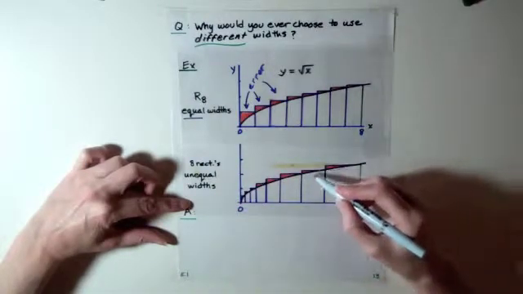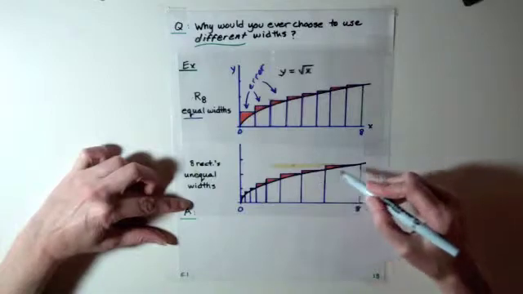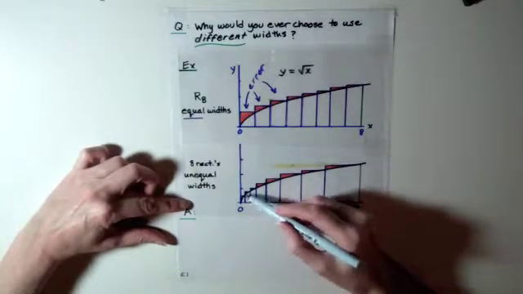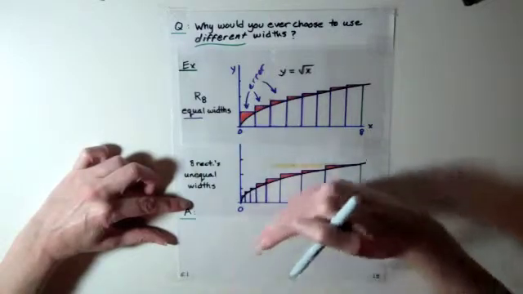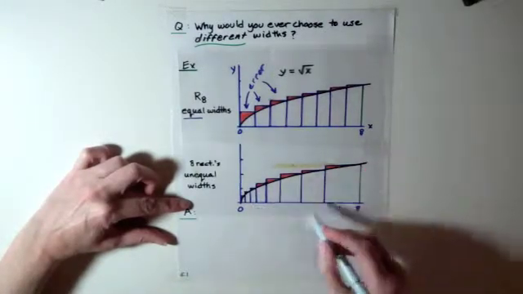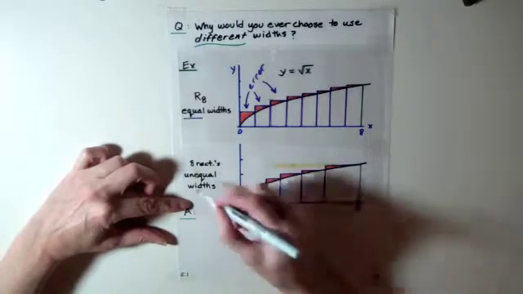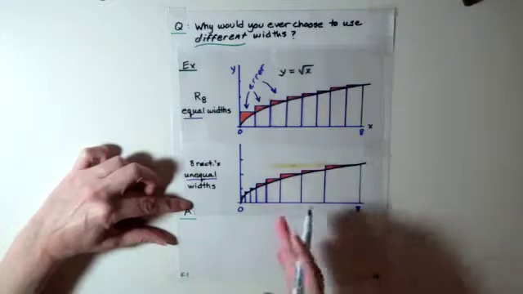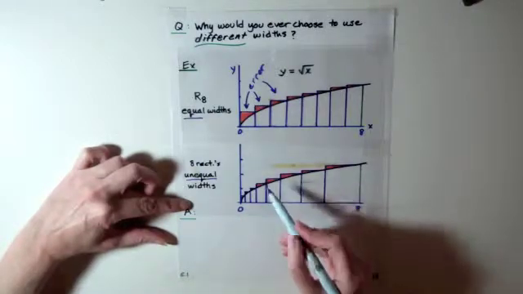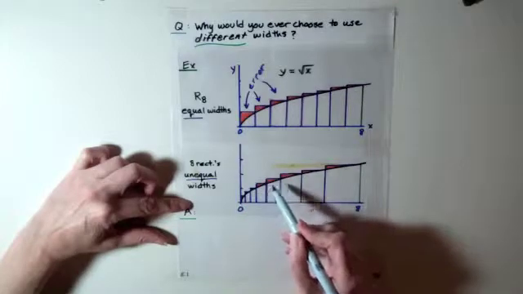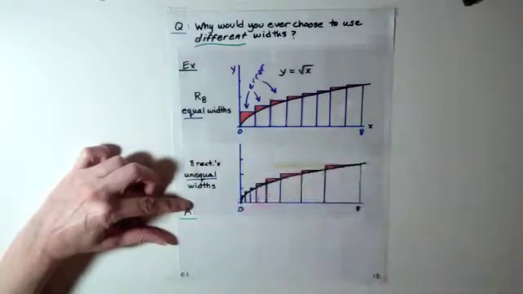The slopes of the tangent lines would be smaller slopes, they would be shallower. It turns out that it pays off to use more rectangles where the curve is increasing more steeply. So you notice that I'm still using 8 rectangles here, but they now have unequal widths instead of equal widths, and I've bunched up the rectangles near this portion of the curve where it's rising very quickly. It has steep tangent line slopes.